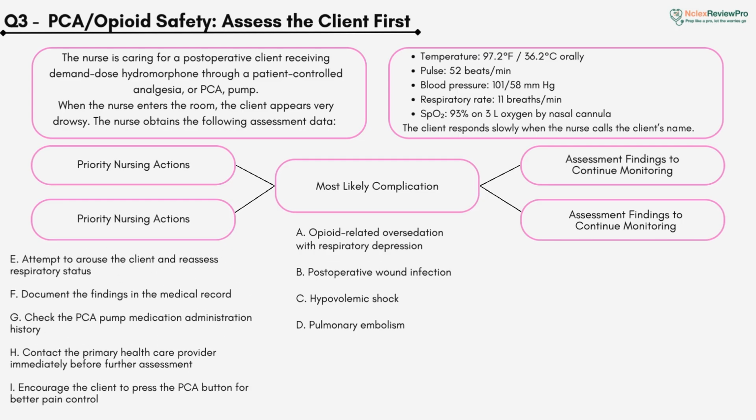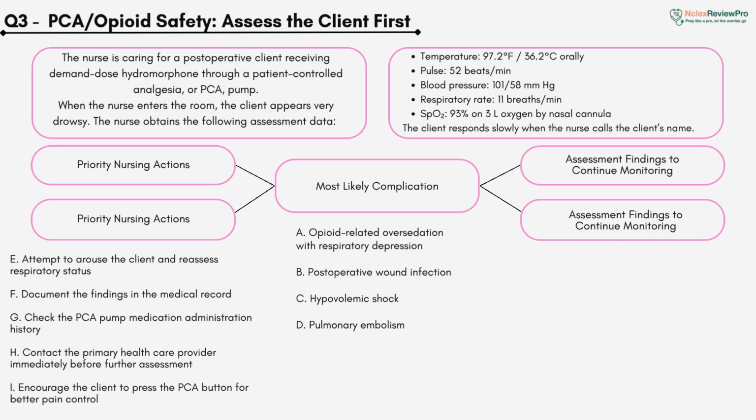For priority nursing actions, the options are: Option E, attempt to arouse the client and reassess respiratory status. Option F, document the findings in the medical record. Option G, check the PCA pump medication administration history. Option H, contact the primary healthcare provider immediately before further assessment.